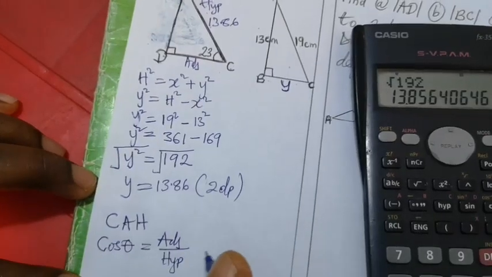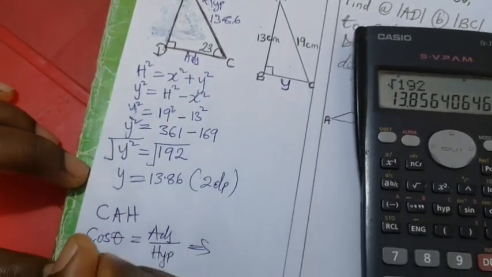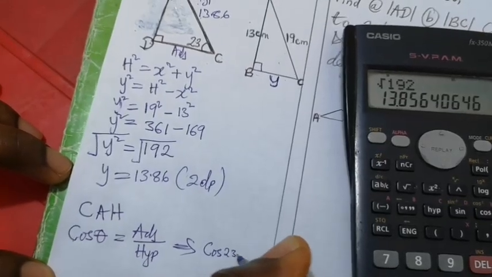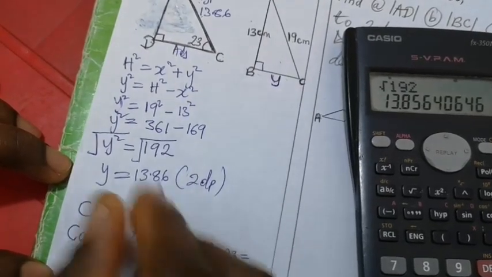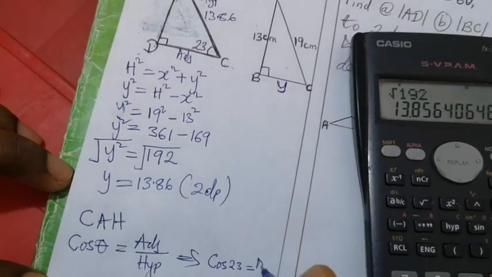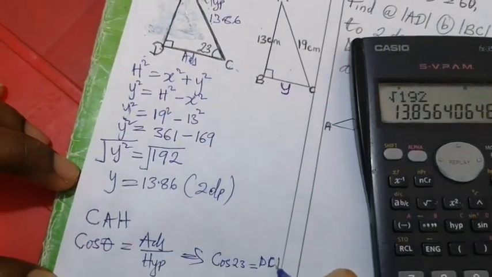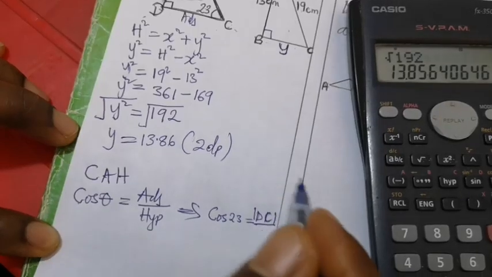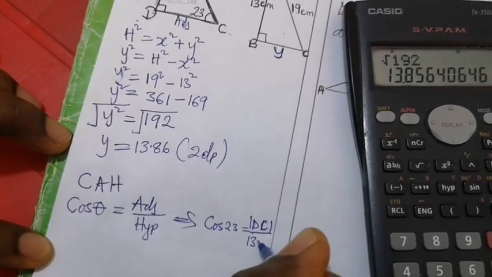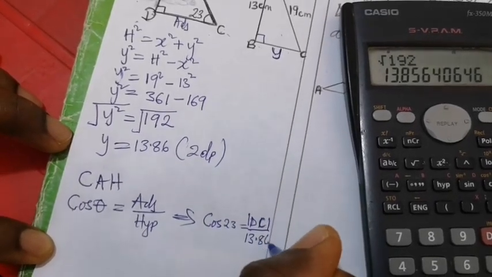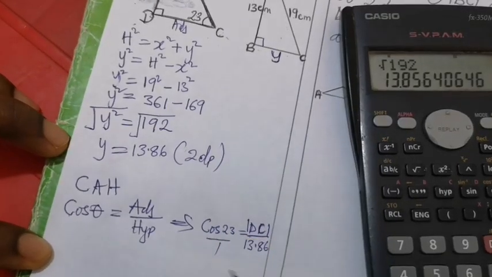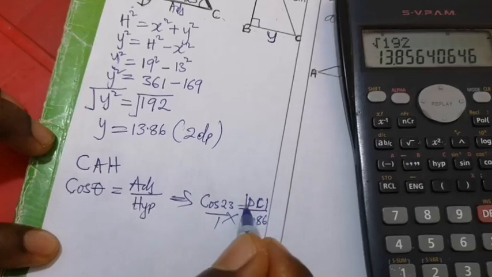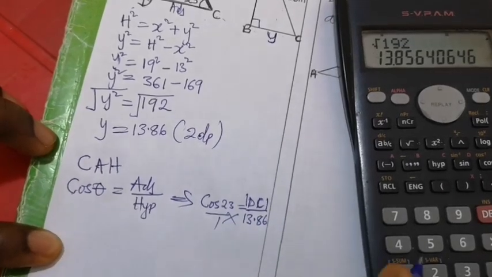Okay, now our cos theta is cos 23, which is equal to, our adjacent is DC. We are looking for DC. Line DC is our adjacent, and our hypotenuse is now 13.86.